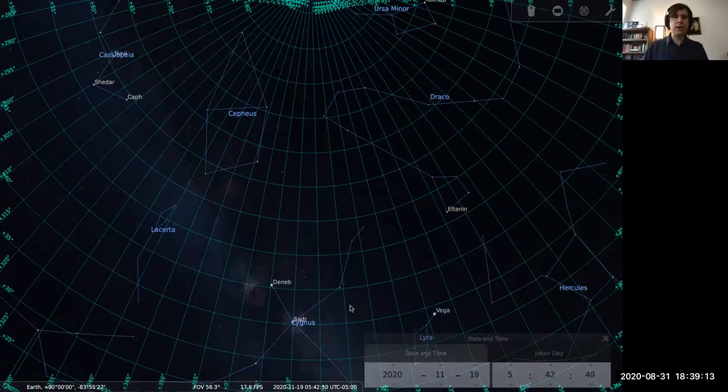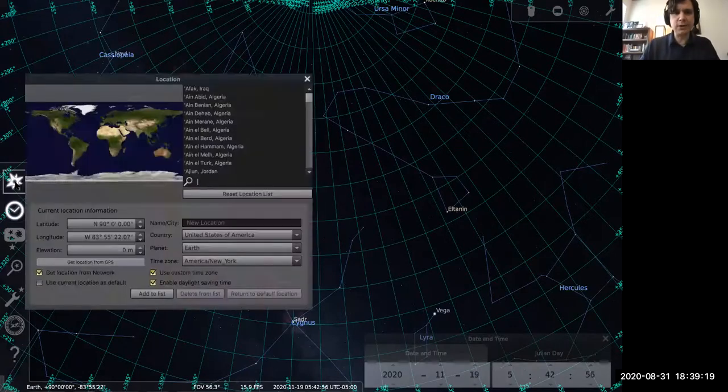I want to show you that this grid is fixed on the sky. What parts of the grid we see depend on what latitude we are on Earth. So let's go to minus 35. It doesn't allow me to do that.